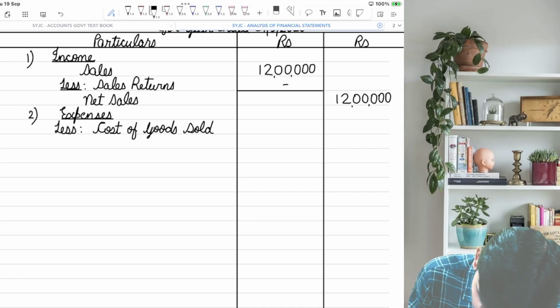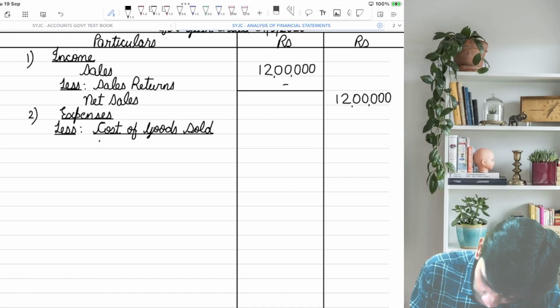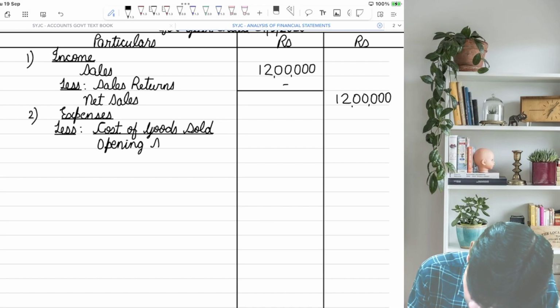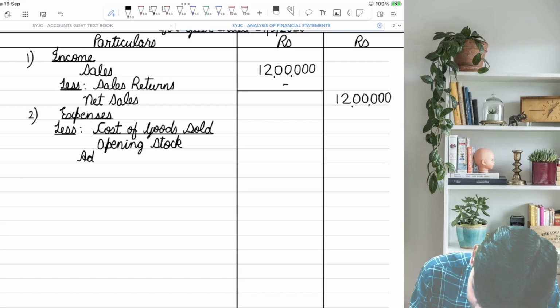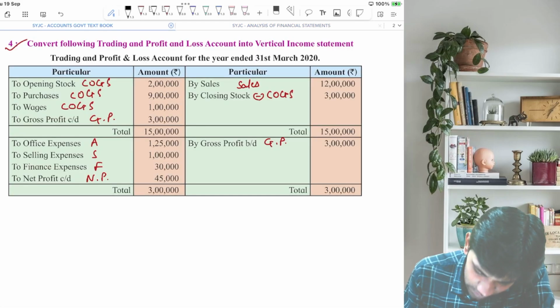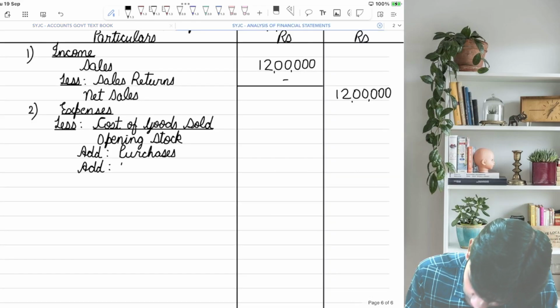We have opening stock, add purchases, add wages. Yes, no direct expenses to be written. Leave one line.